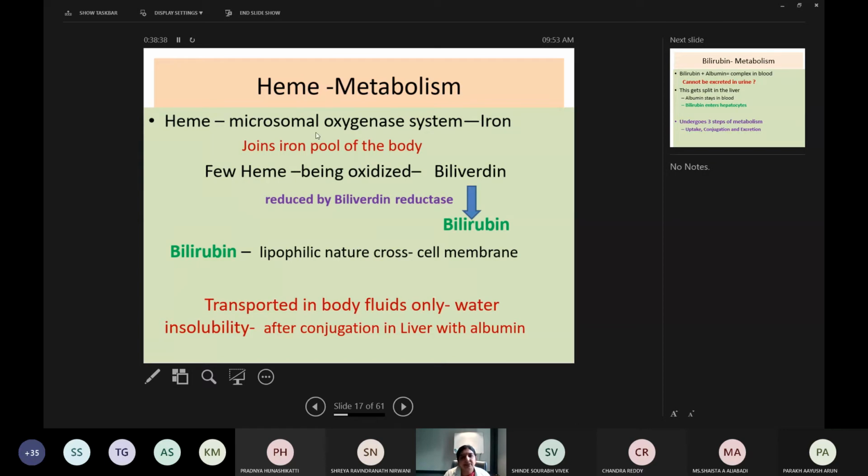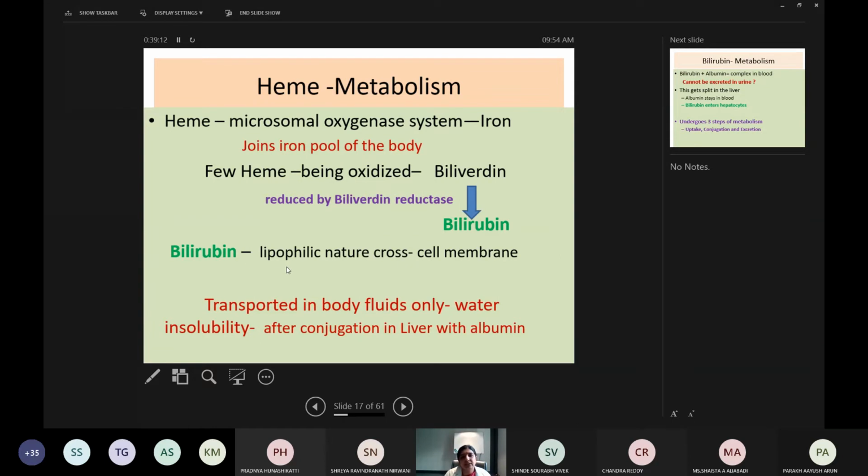The iron is separated and joins the iron pool again, where it is reused for the synthesis of heme. The remaining heme is converted to biliverdin, and biliverdin is converted into bilirubin by the enzyme biliverdin reductase. So this is a reduction process, from heme to biliverdin, biliverdin to bilirubin.